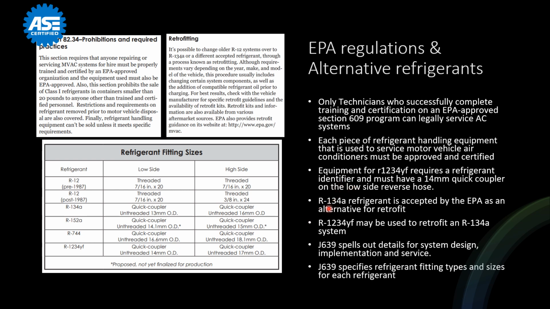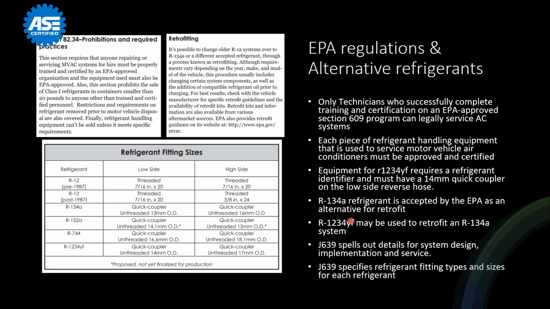Another thing that they're going to discuss is what type of refrigerant you could use for other systems. So if you have an older R12 system, which is one of the first refrigerants that came out, you can switch it over to R134A. But even though R744 is the one with the lowest global warming potential, you cannot use this one to retrofit any other system.